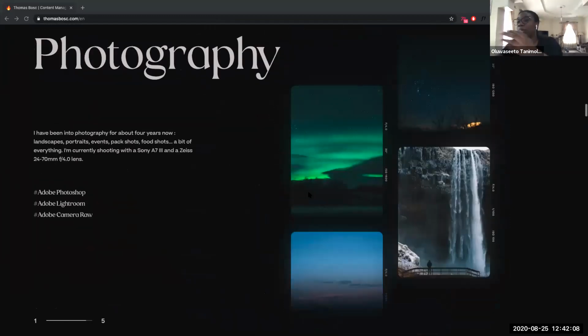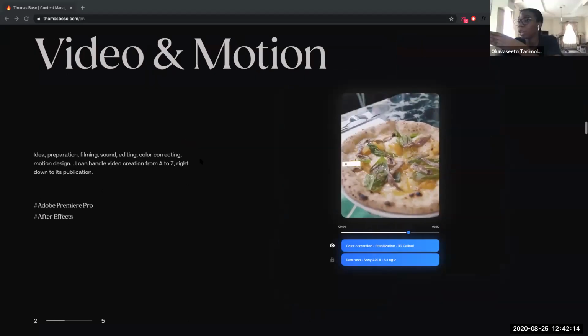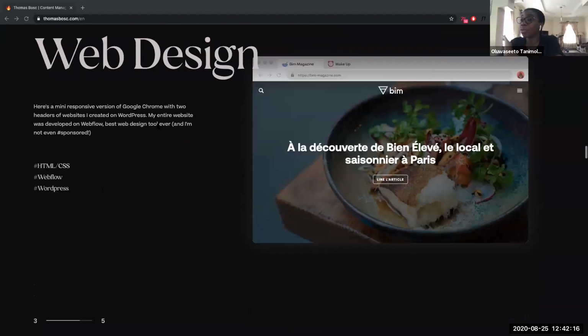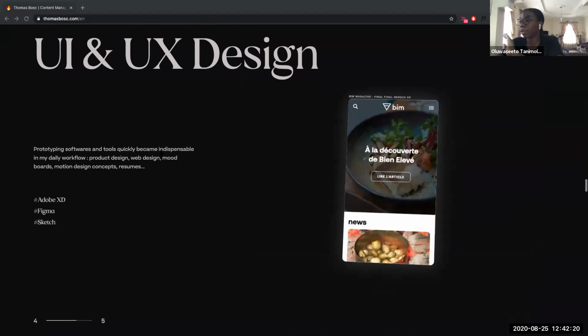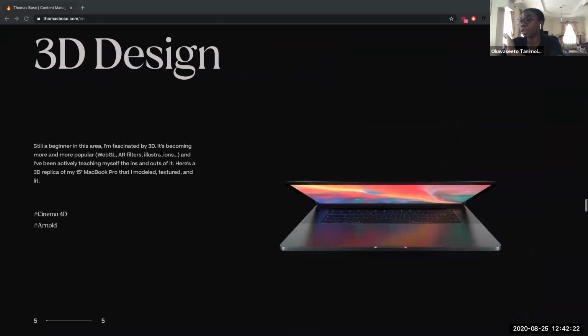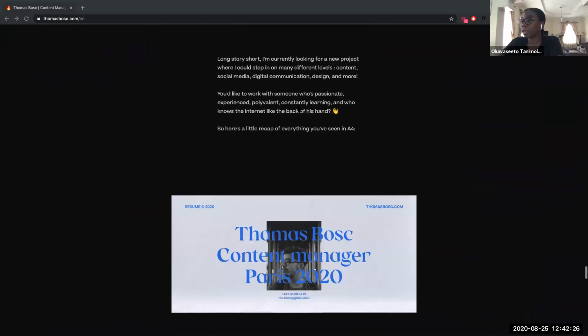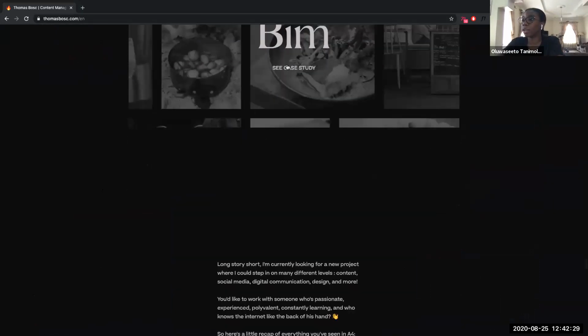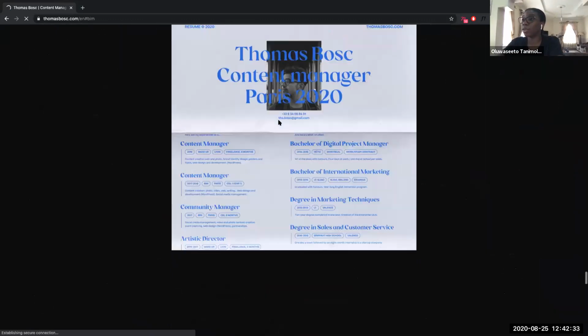So he does photography, and these are the tools he uses. He does video and motion. This is some work he has done. And then he does web design and UI UX design and 3D design. So now he's got a case study. So this is his case study, if you want to see the major case studies that he's got.